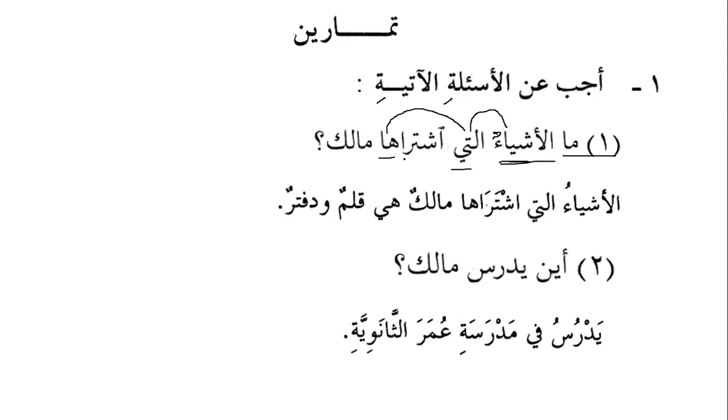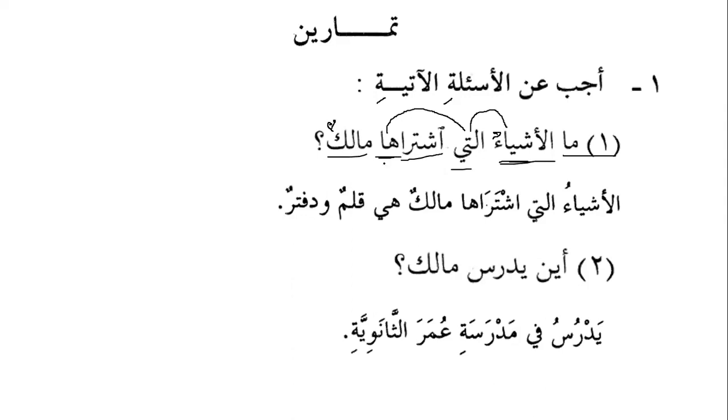Ishtara, he bought. Okay, where is the doer? The fa'il is Malikun. So Malikun will be marfu, and ha will be maful bihi. We know that an attached pronoun will always be attached to the verb. When they come with the verb, they are directly attached to it.